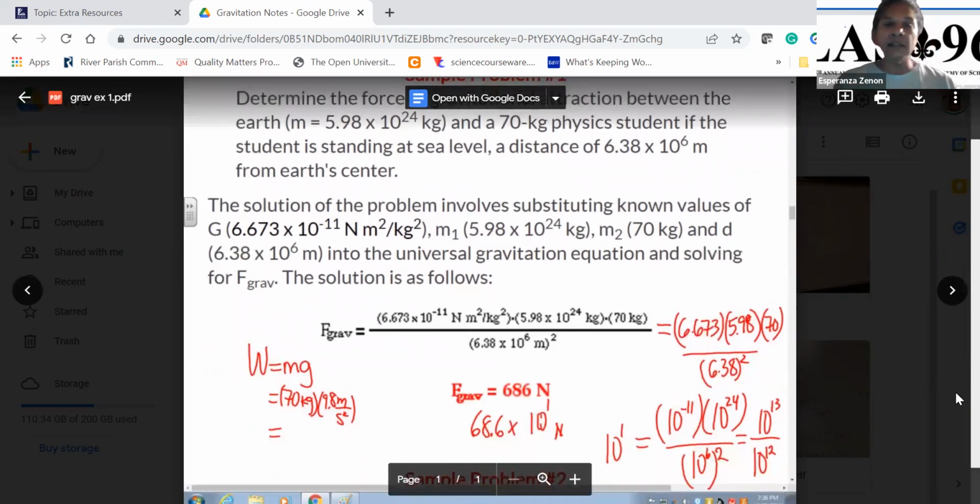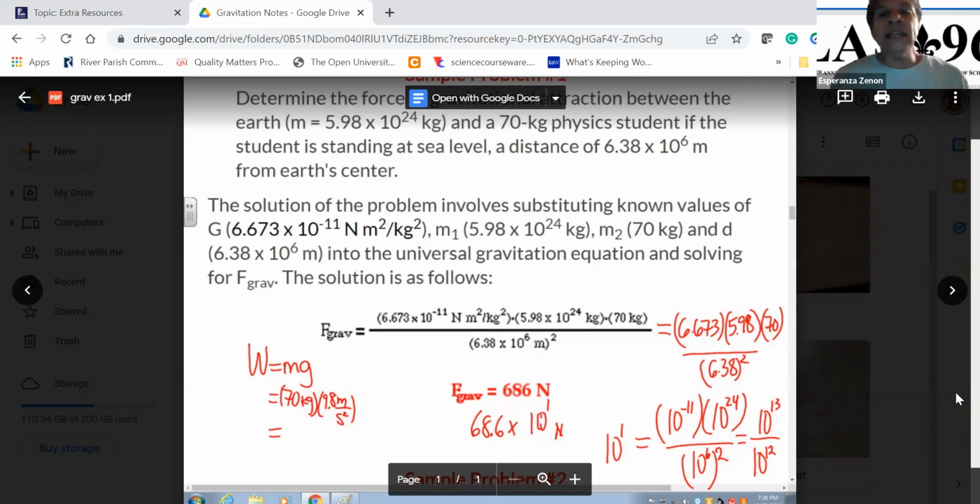There's big G again, there's M1, there's M2, and the distance. See, they use D. D and R, the distance, mean the same thing. You have to get comfortable with different books using different notation, but if you understand what the variables represent, it doesn't matter what symbol they use: M1, M2, big M, little m, R, D, however they want to write it.